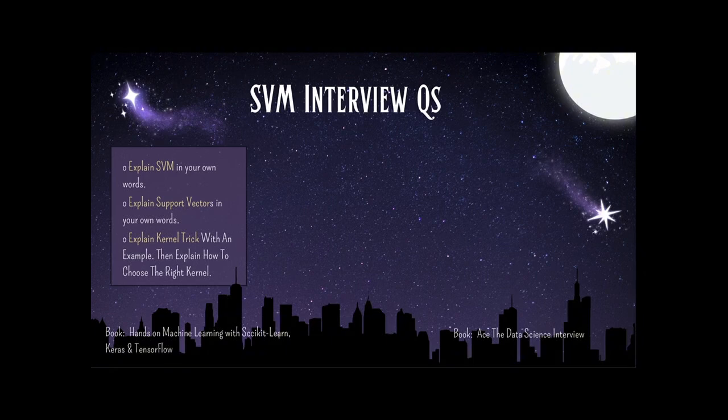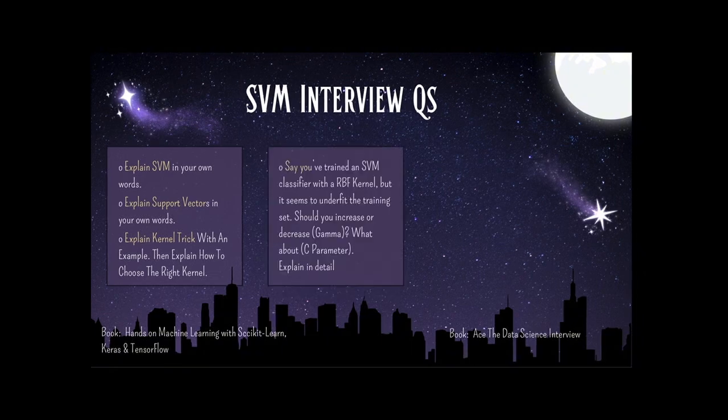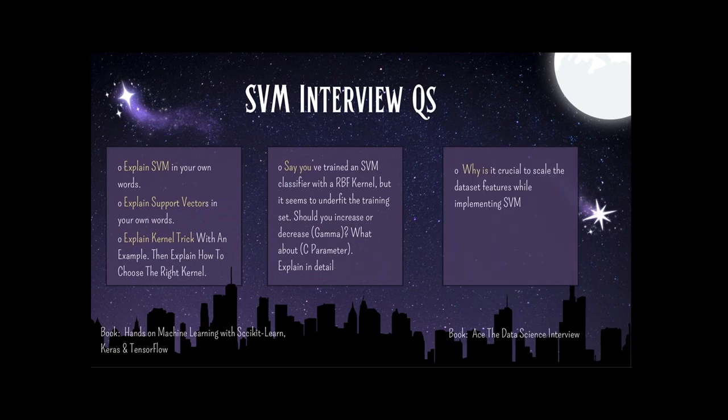Then explain how to choose the right kernel. Fourth, say you have trained an SVM classifier with an RBF kernel, but it seems to underfit the training set. Should you increase or decrease gamma? What about the C parameter? Explain in detail. And finally, why is it crucial to scale the dataset features while implementing SVM?